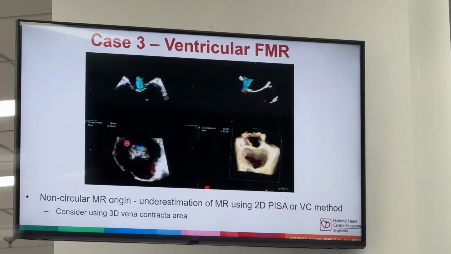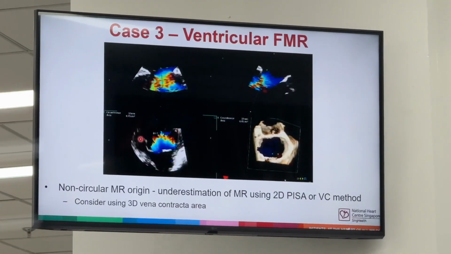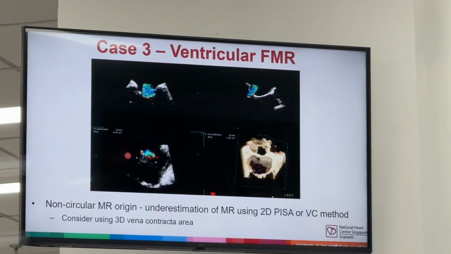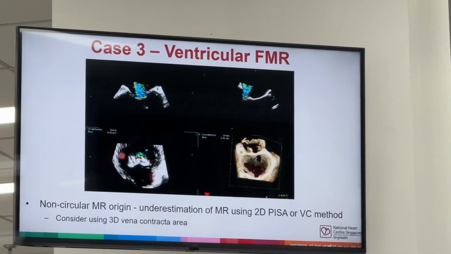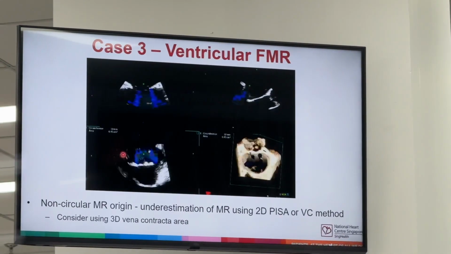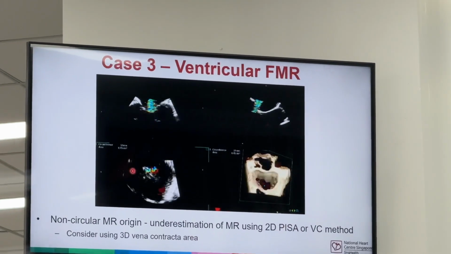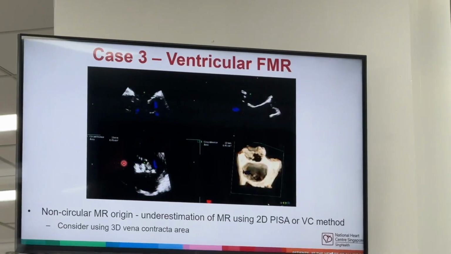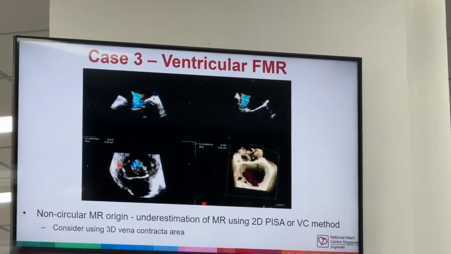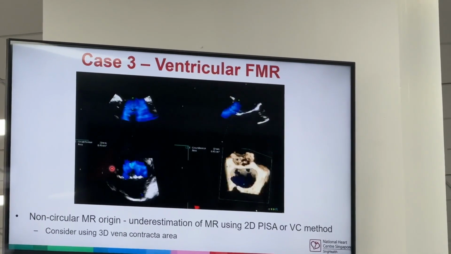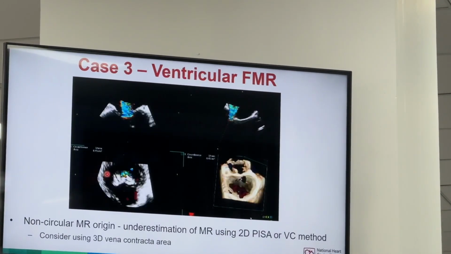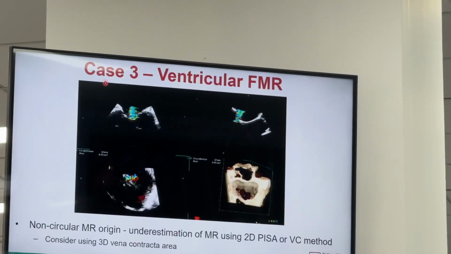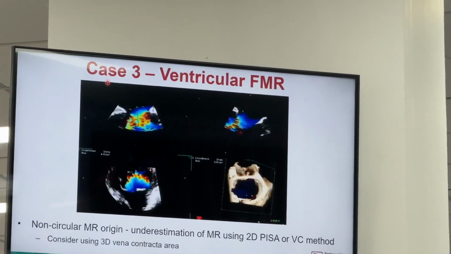So this is a 3D, what we call a multi-planar reconstruction. So you can really position the lines in the 3D space to specifically look at different locations of the mitral valve. In this example, I've done a reconstruction so that it cuts at the level of the vena contracta.